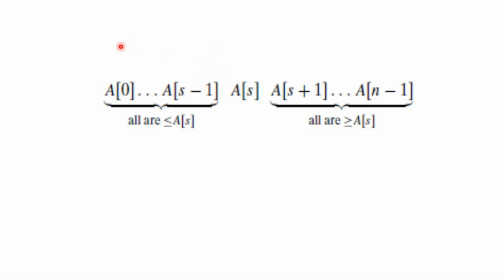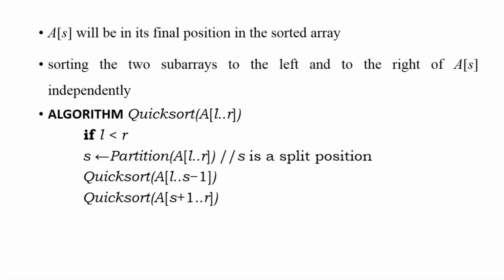So all the elements to the left of A of S, starting from 0 till S minus 1, will be lesser than or equal to this element, whereas all the elements to the right will be larger than or equal to this value at position S. Once a partition is made at S, then A of S will be its final position in the sorted array.